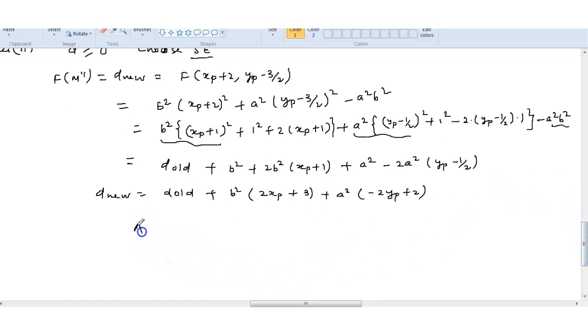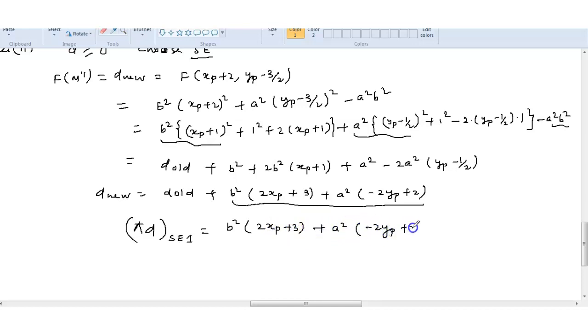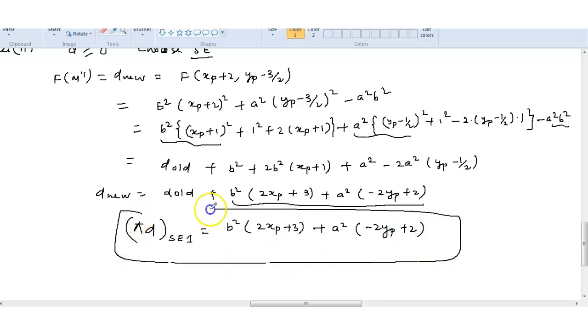So if you write the difference in the southeast in region 1 only, we got this one: b²(2xp + 3) plus a²(−2yp + 2). This is region 1 when we are choosing the southeast one.